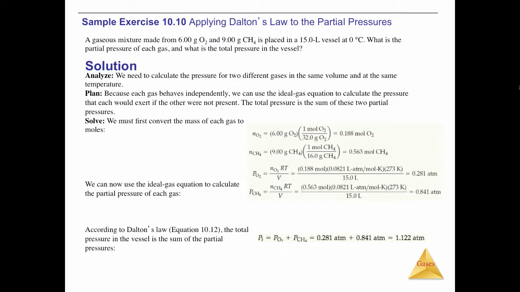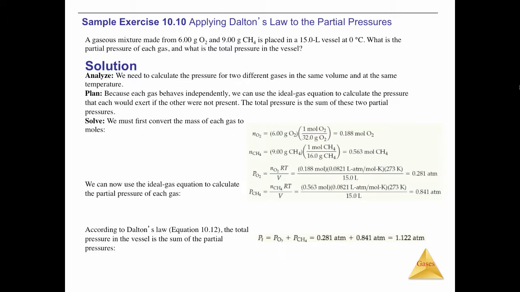So to get the pressure of the oxygen, they've just rearranged PV equals nRT to P equals nRT over V. You don't have to rearrange the equation to solve this, but that's what they've done here. Plugging in the mole values for the oxygen and the methane into separate equations using the correct ideal gas law constant, and the temperature was given as 0 degrees Celsius or 273 Kelvin.